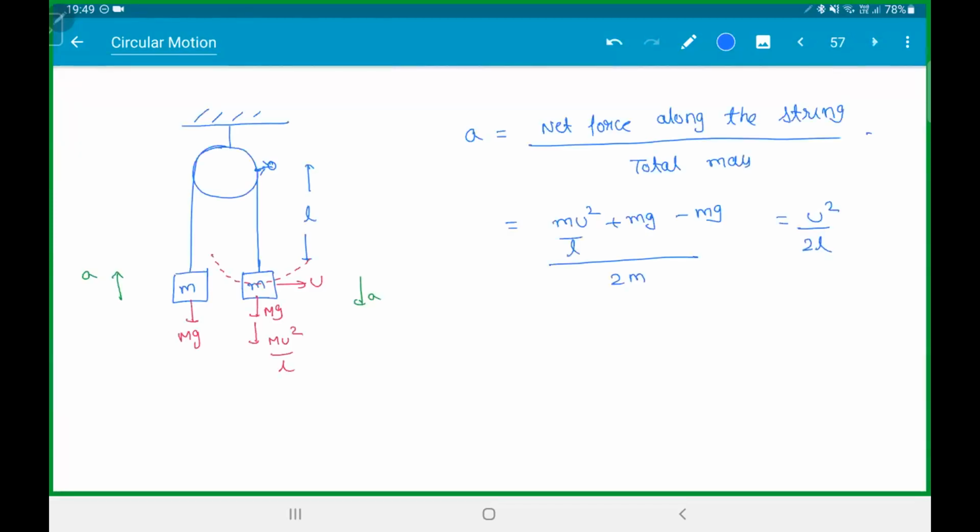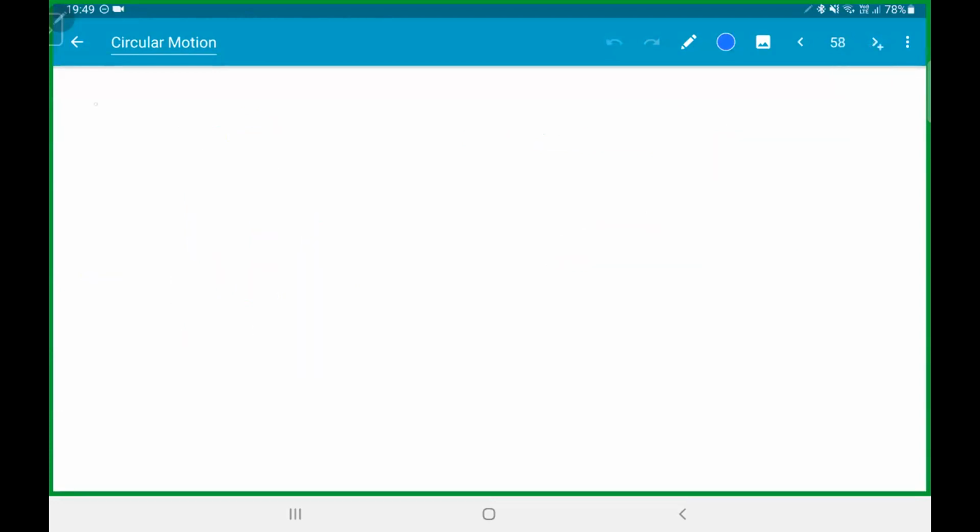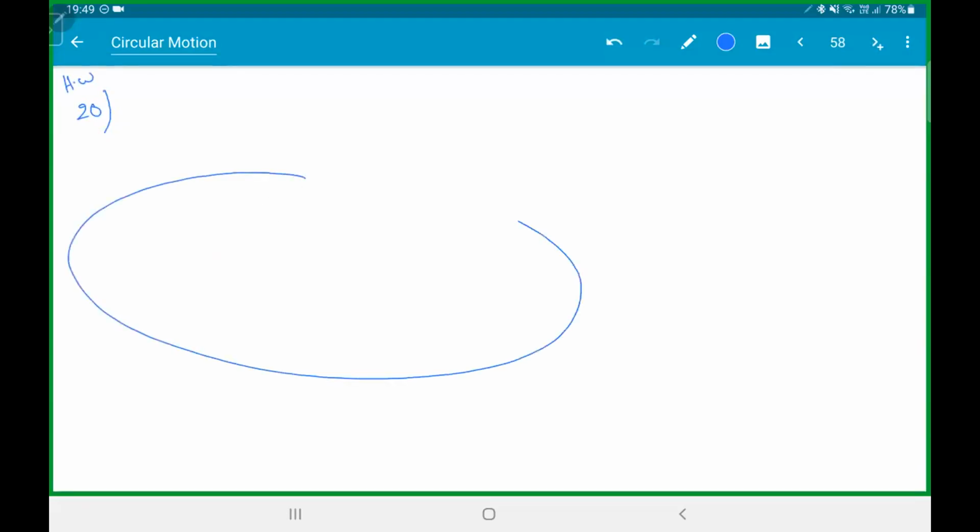Turn the page. This I'll give you as homework. Try and come. We have a disk and we have a rod of mass m.